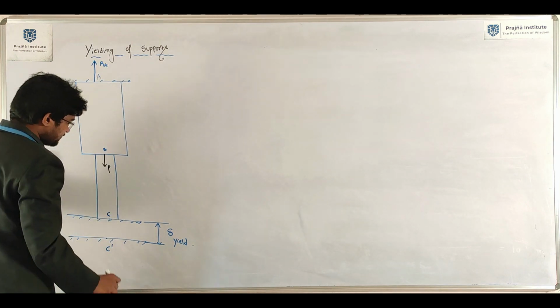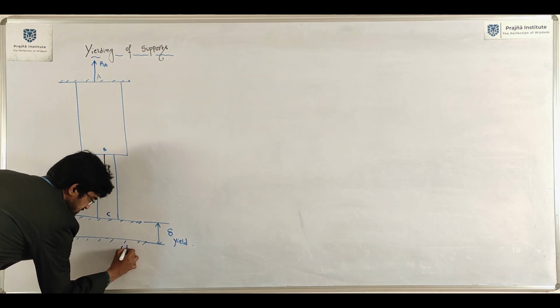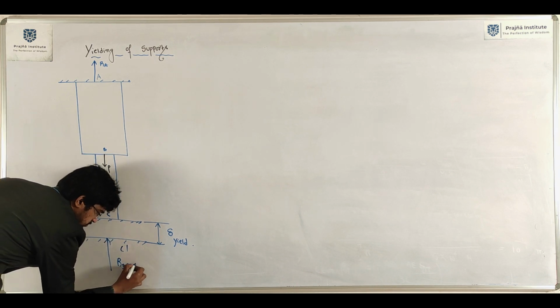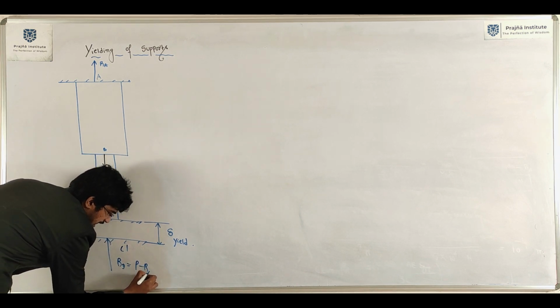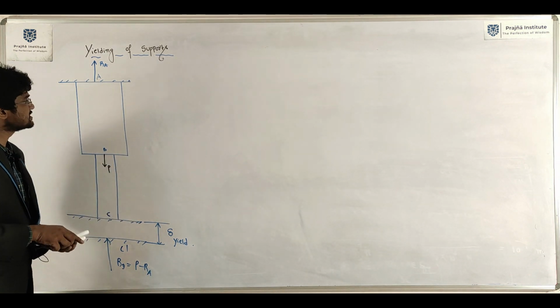This is RA, and here it is yielding to C dash. RD equals P minus RA, yielding is given.